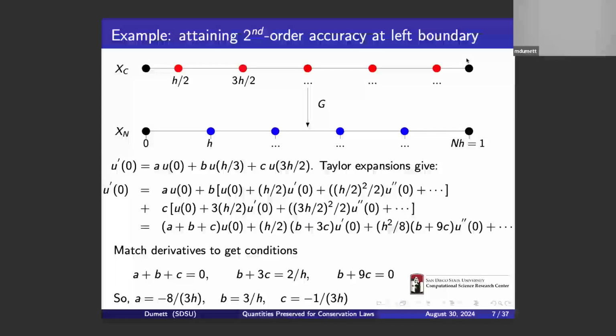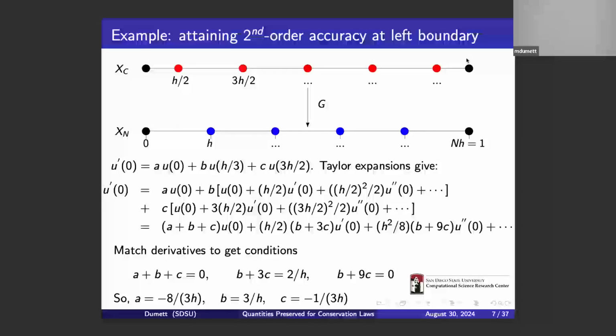So just to show an example of how this works, how could I achieve uniform accuracy over the whole domain? Suppose we are trying to get second order accuracy. It's very easy to get. If I want to compute the derivative here, for a second order operator, I just need these two. And that happens for all of them.